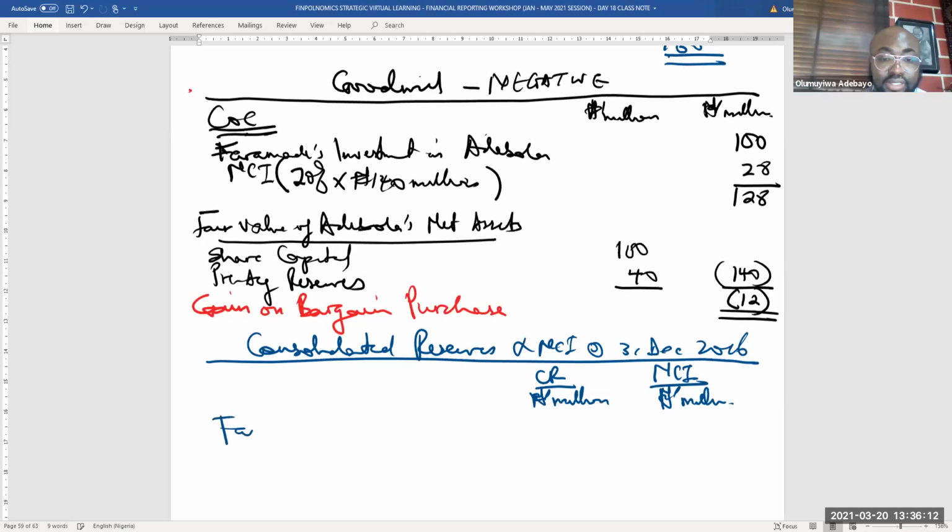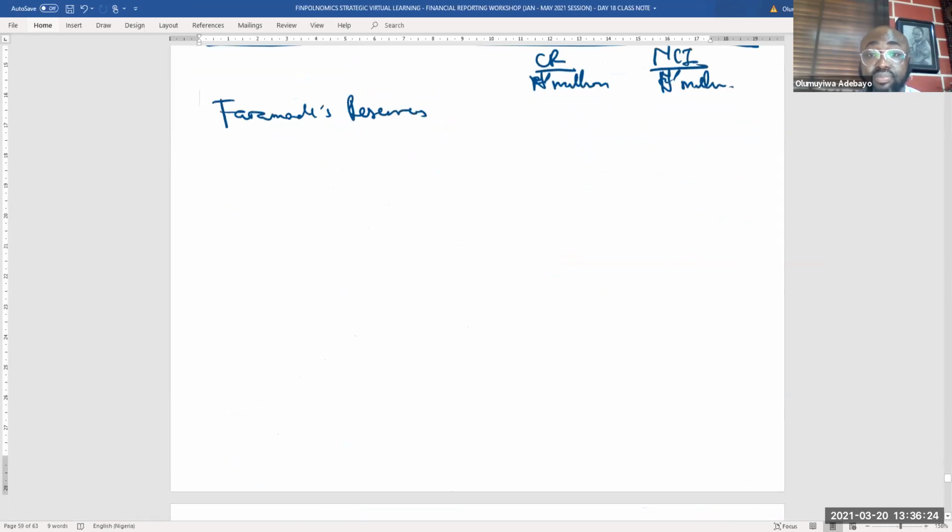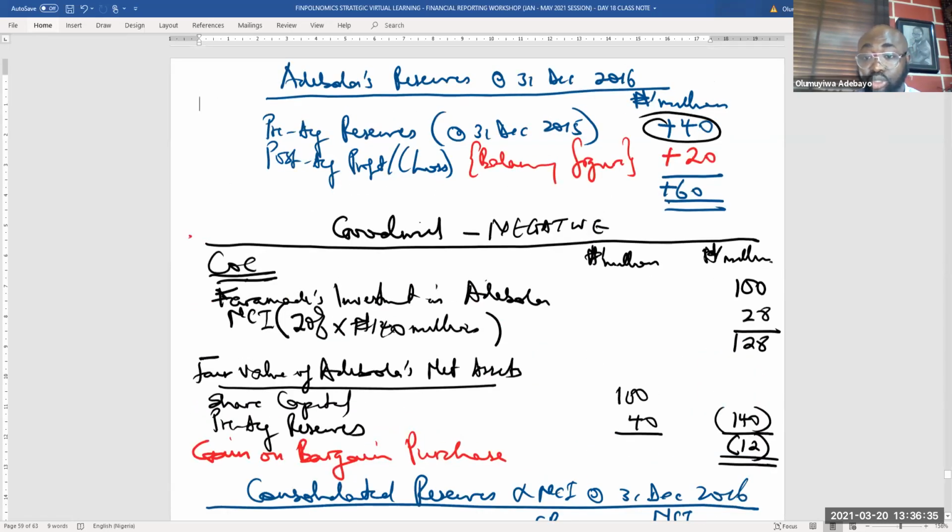Okay, what is Farmers reserve? Farmers reserve is 140. NCI as at acquisition date is 28.